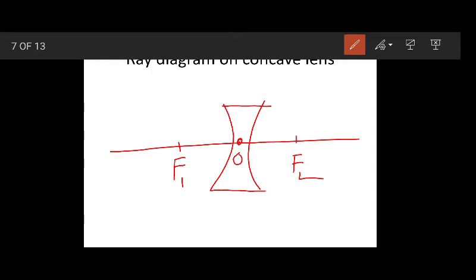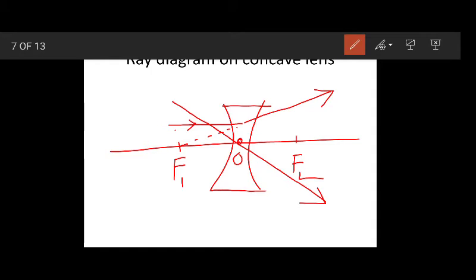Now the ray diagram number 1, when light ray falls parallel to the principal axis, I mean this way, it will diverge in such a way that it seems to come from principal focus. That is the number 1 ray diagram. Number 2 ray diagram is when light passes through the optical center, it does not change its direction. That is number 2.